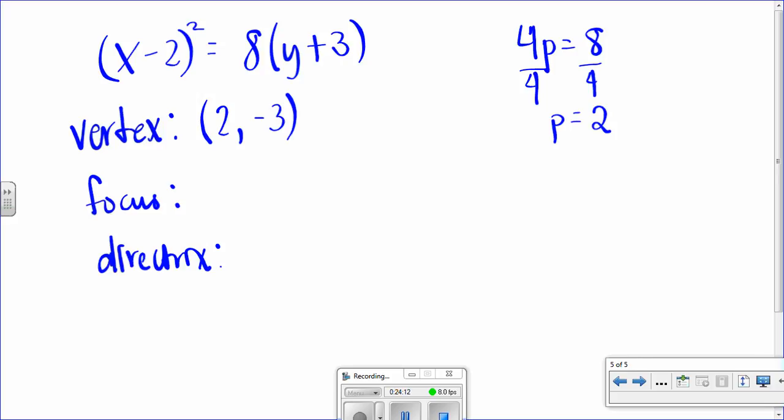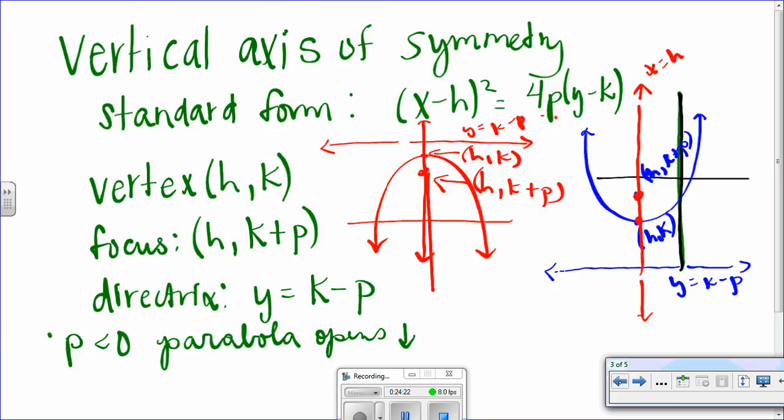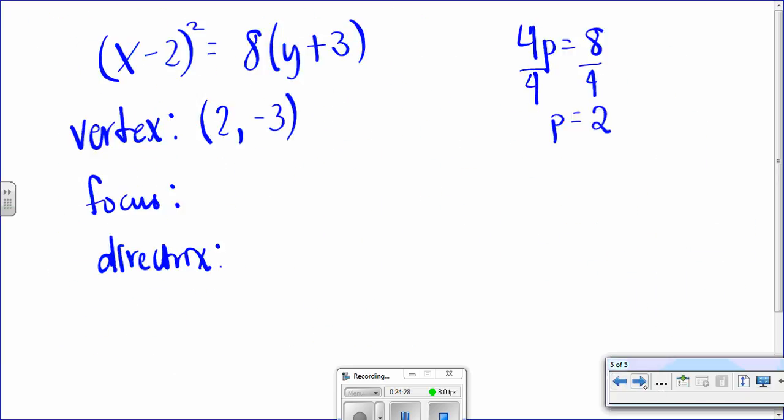How does that help me get the focus? The focus is H, K plus P. So the H stays the same. K plus P. What's negative 3 plus 2? So my focus is at negative 1.